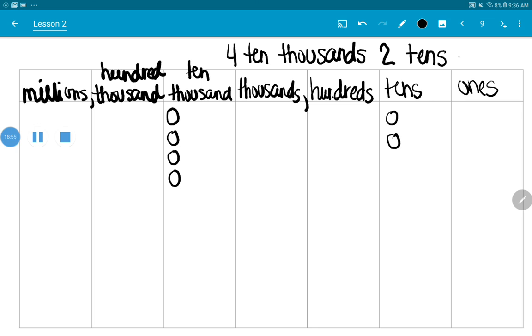I want you to show what happens when you divide that number by 10. Show me on your place value chart what happens when you divide that by 10. Remember, this time I'm dividing.